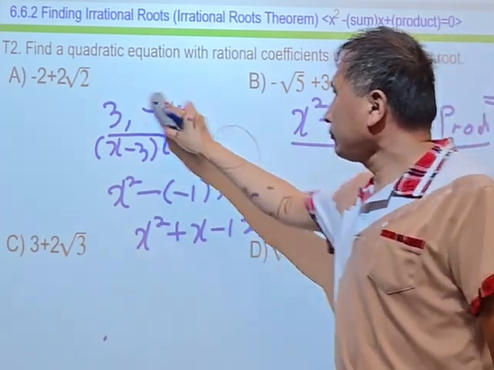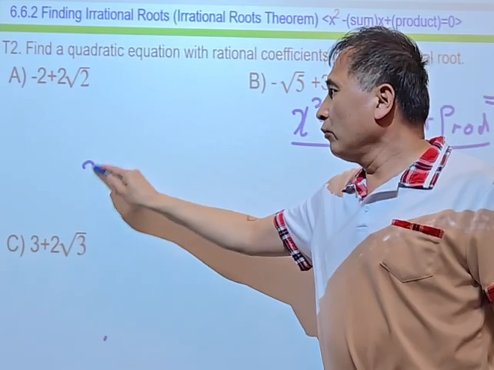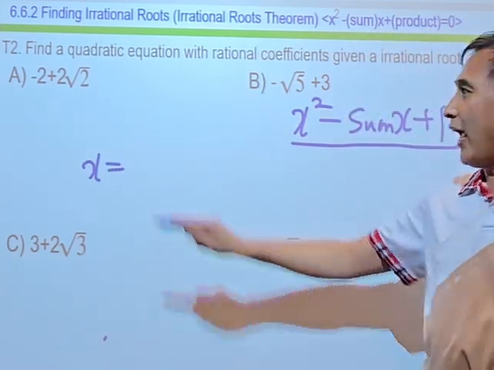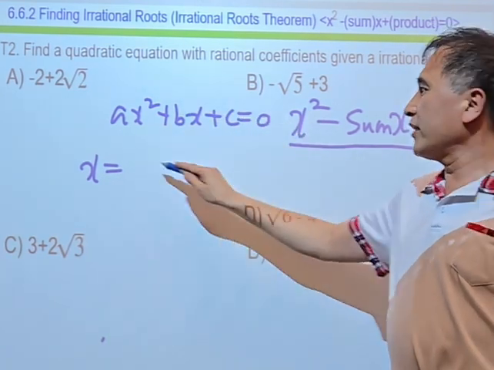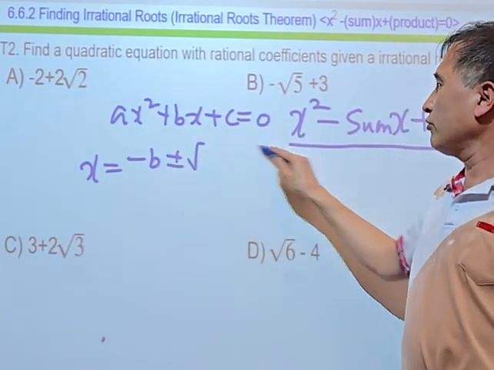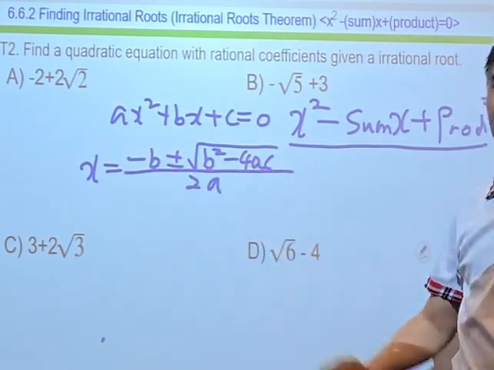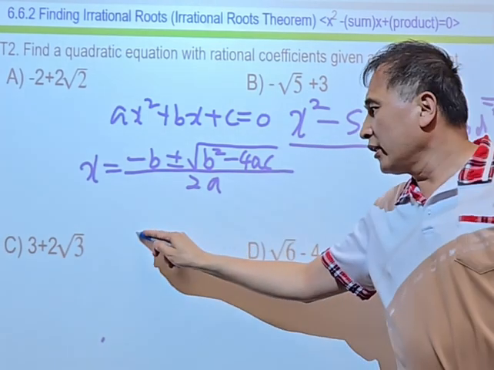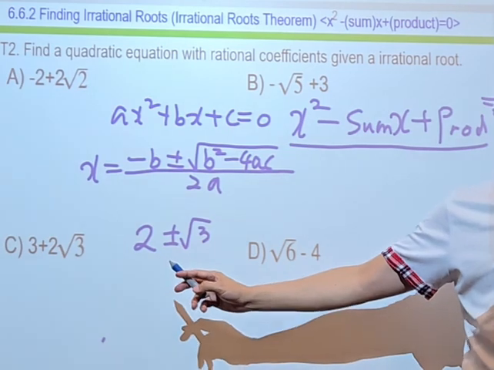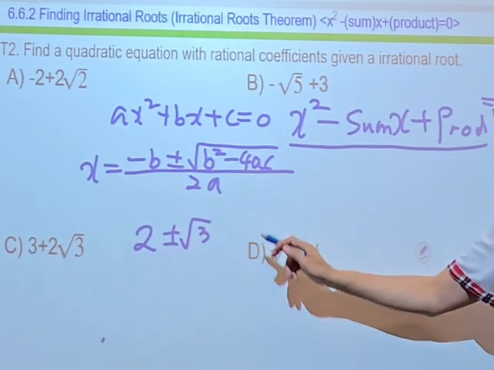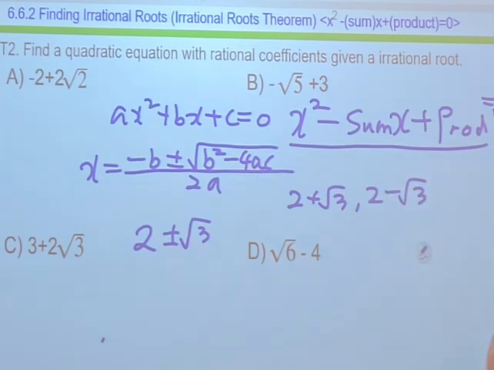So the quadratic formula: when you have a quadratic equation ax squared plus bx plus c equals 0, do you remember? The quadratic formula says x equals minus b plus or minus the square root of b squared minus 4ac, over 2a. Do you remember that, right? So from that, let's say 2 plus root 3, then usually you will answer 2 plus or minus root 3, which means 2 plus root 3 and 2 minus root 3, right?